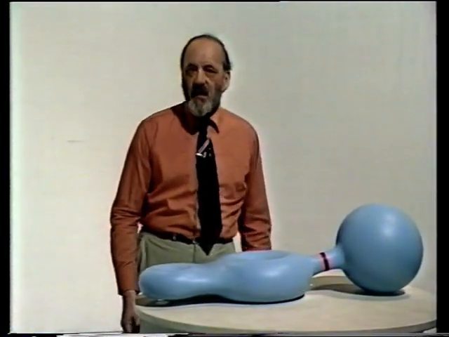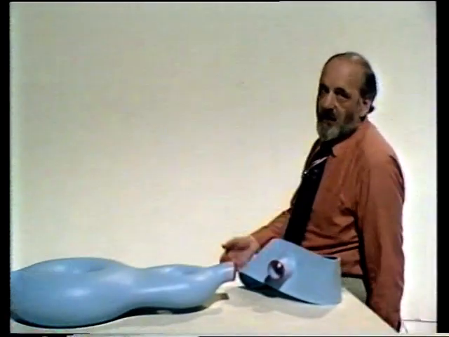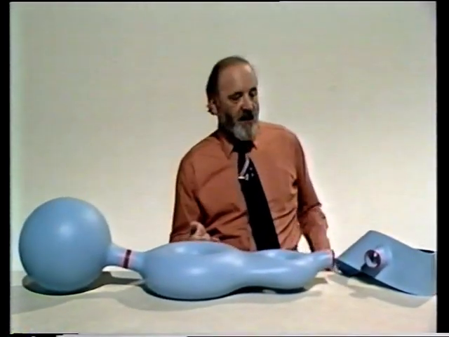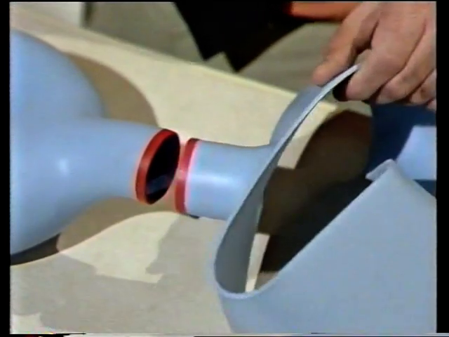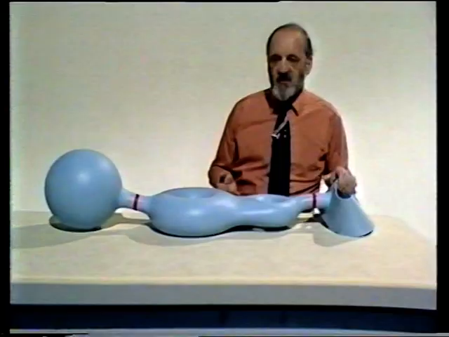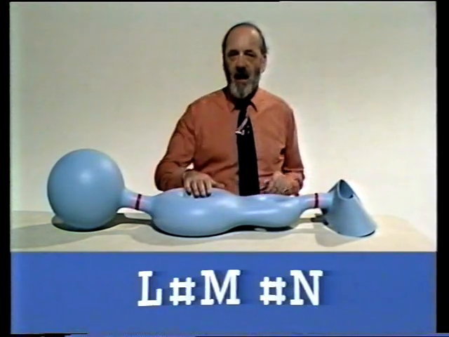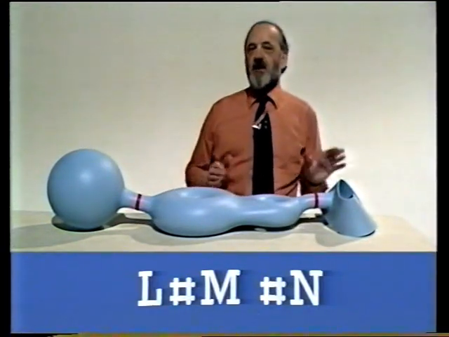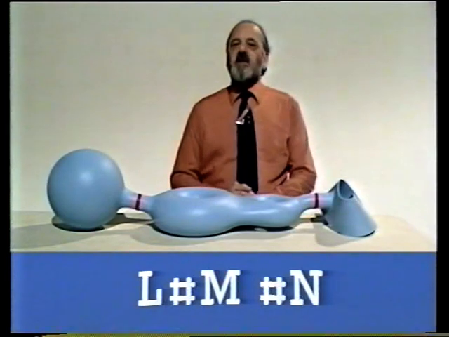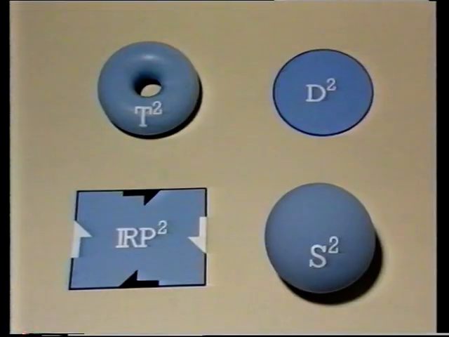So that's our construction, and we can do it repeatedly. We can now take this surface and form its connected sum with another surface, like this. So we now have the connected sum of 3 surfaces, L, M, and N, and so on. Let's now look at connected sums which specifically involve our 4 basic surfaces.